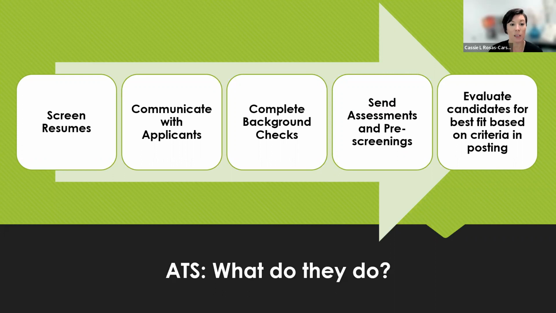Some of them do have the capability of starting the background check steps, moving forward depending on the requirements of the job. And then they also can facilitate any assessments, so maybe some personality assessments, coding assessments, any other assessments that the company has, or maybe even additional screenings, including those pre-recorded interviews you might have seen throughout past applicant processes, where you get that link, you go into a pre-recorded interview, you record your responses, and then it sends it off to the company, and you wait to hear if you now get to meet with a human in person.